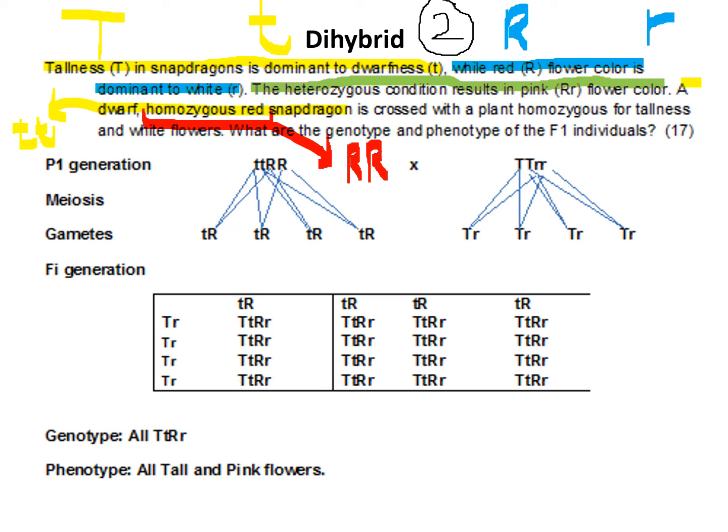So if you are homozygous for tallness, you are homozygous for the dominant trait, so you are homozygous dominant, capital T, and white flowers. And if you have white flowers, white we know is your recessive condition, and in that instance you are homozygous recessive, which will be small letter r, small letter r.